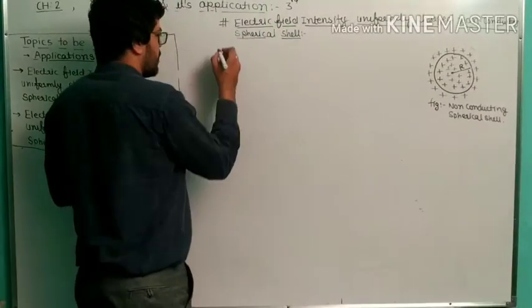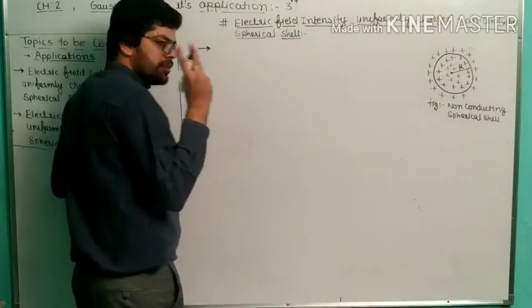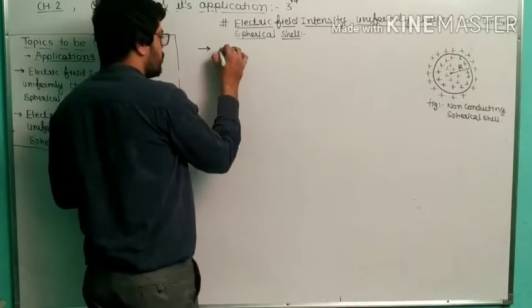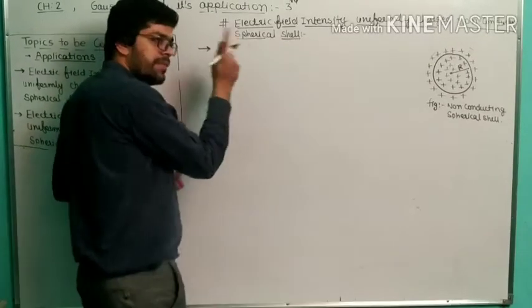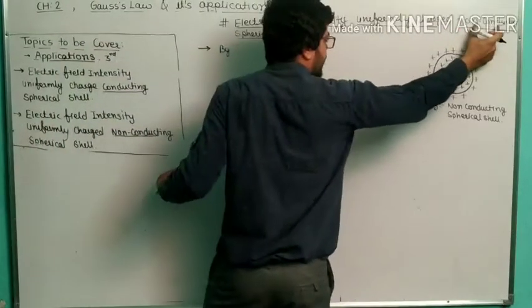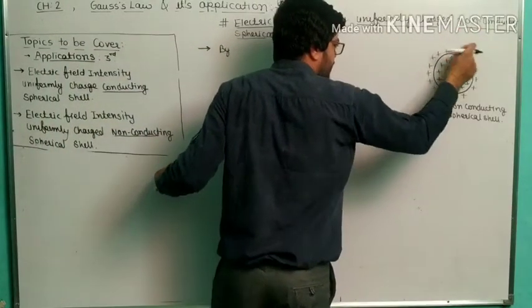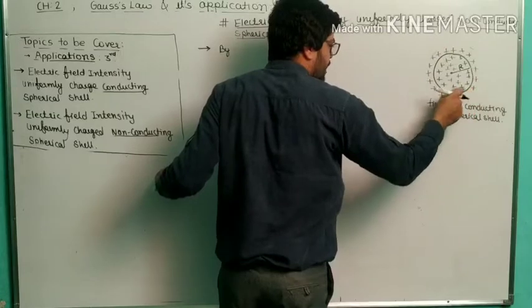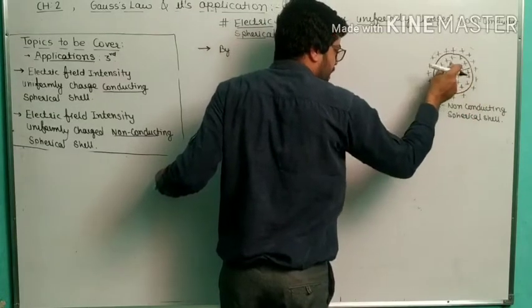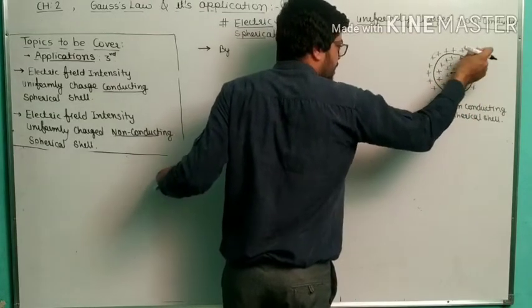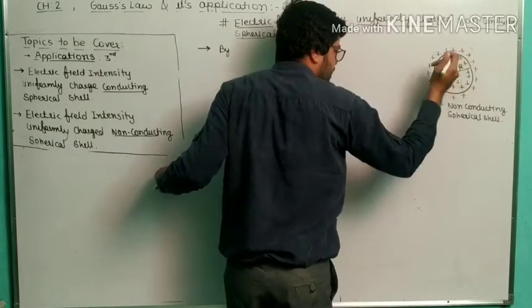Now we are talking about three stages, by using Gauss law, same as previous, but the case is different. It is non-conducting. In previous case, only the charge is distributed outside the surface. But in this case, the charge is distributed outside as well as inside.